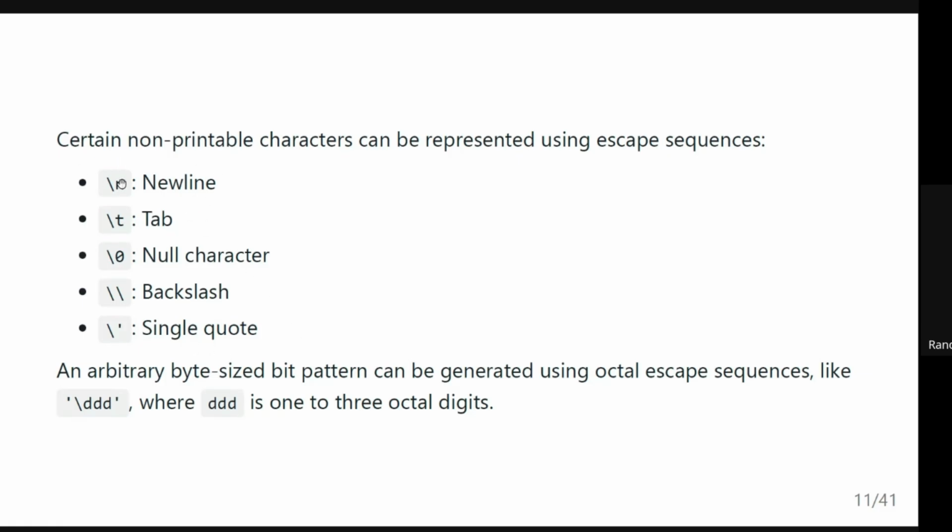Note that those only take one character. Although you can see it's a slash and an n, which seems like two characters, in C it is treated as one character. That's something to be very careful about. Let's say you're reading a string with a \t in between, that only takes one character of length.